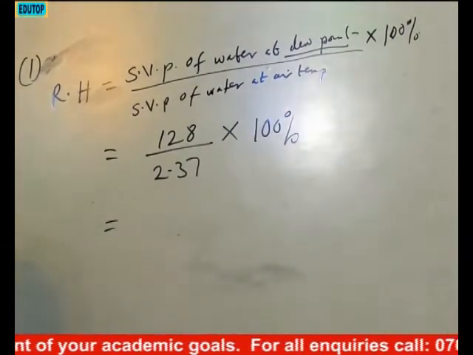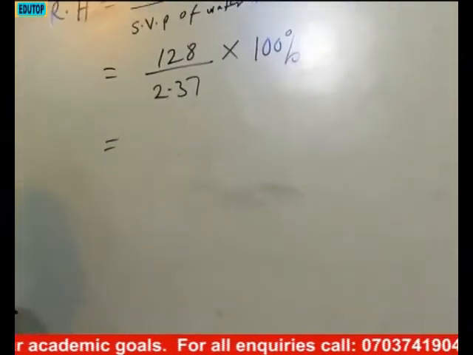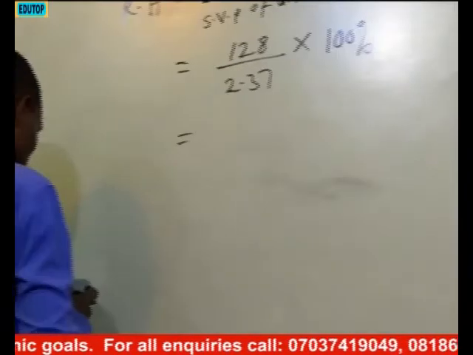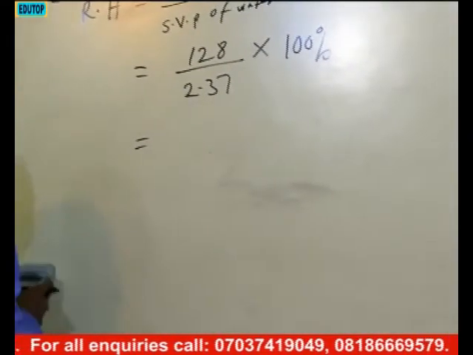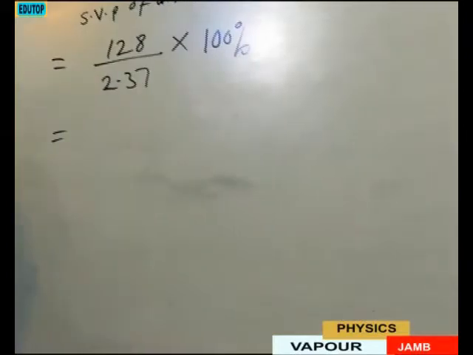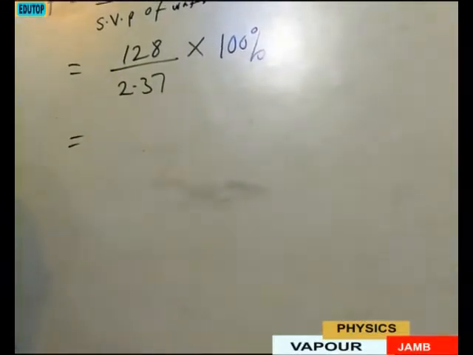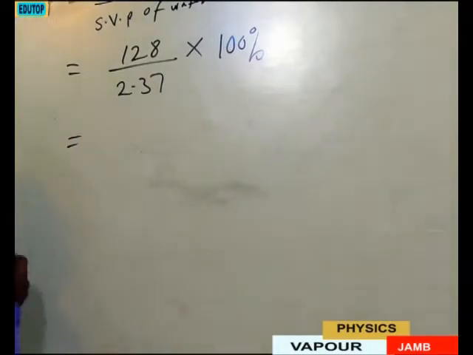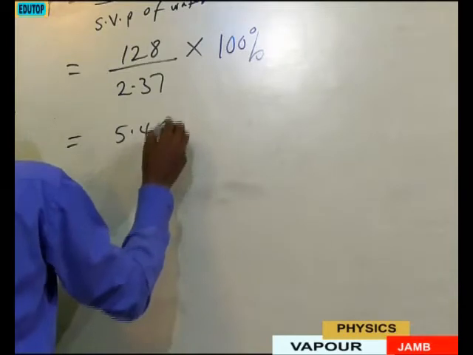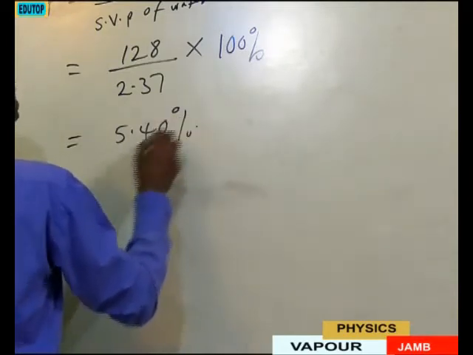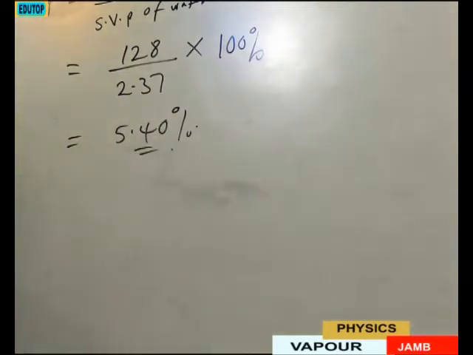So we are going to have 1.28 times 100, then everything divided by 2.37. And what we are going to have there is 54.0%. And that is the relative humidity.